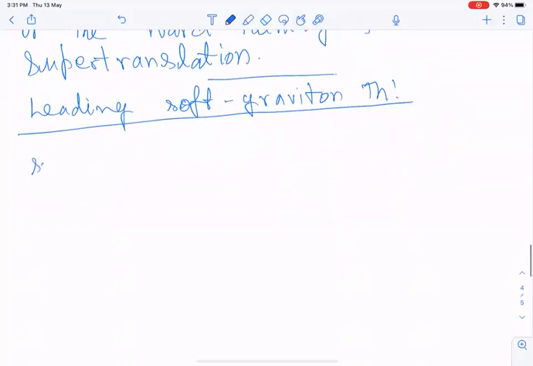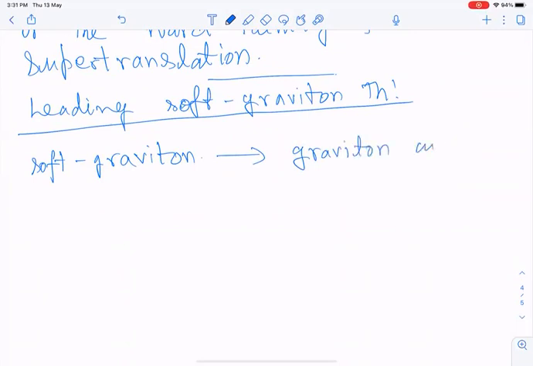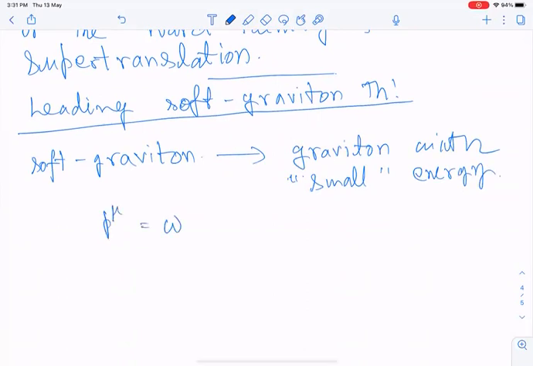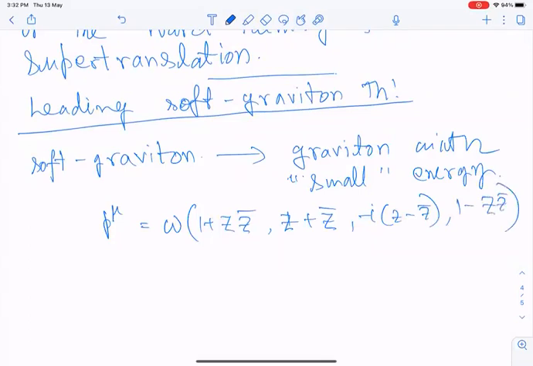What is a soft graviton? Basically it's a graviton with very small energy, or zero energy. So in our notation, where we wrote p^mu as omega times (1 + z z-bar, z + z-bar, -i(z - z-bar), 1 - z z-bar), soft means you take the limit where omega goes to 0.